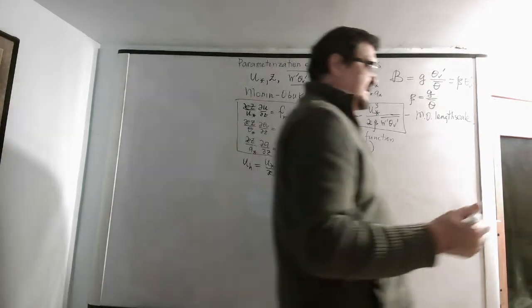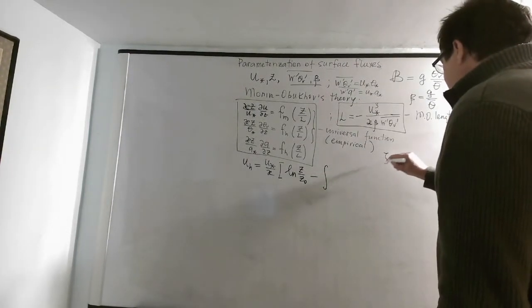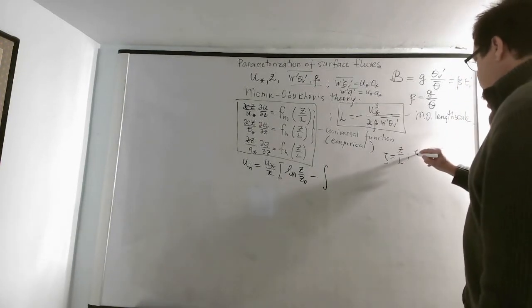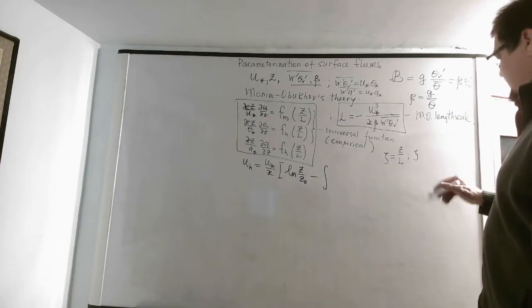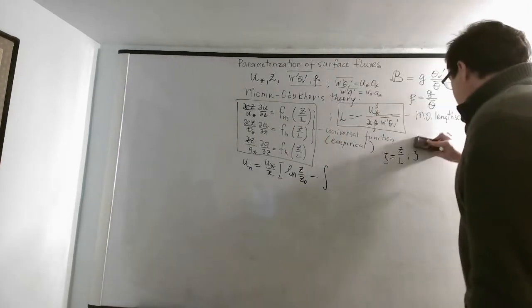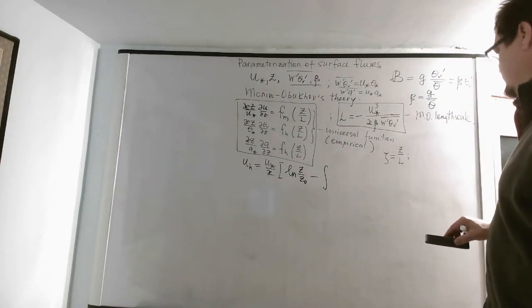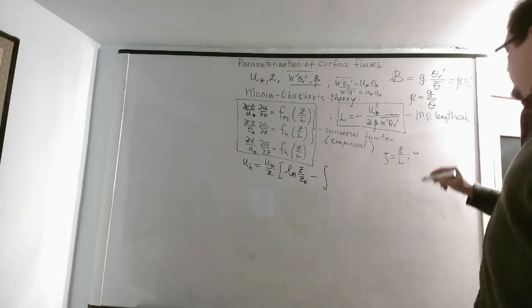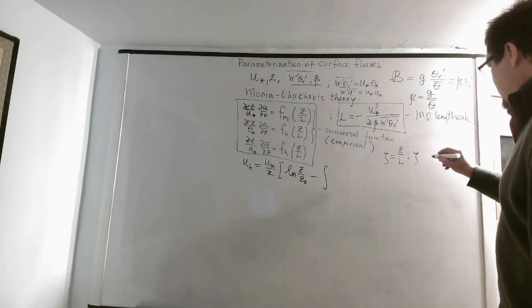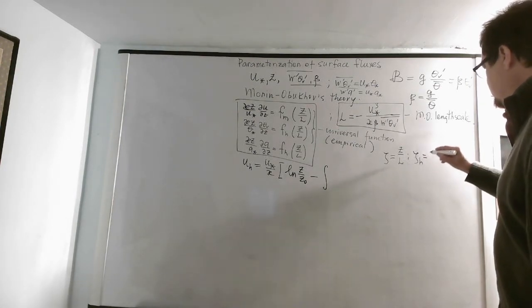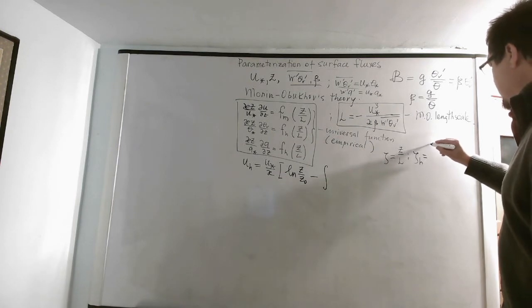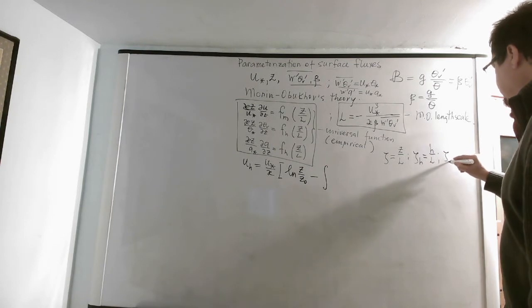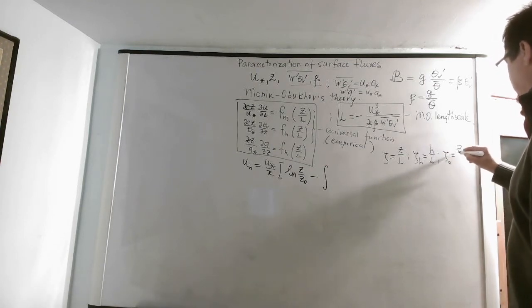Now we need to define eta. Eta h equals h over L, and eta 0 equals z naught over L.